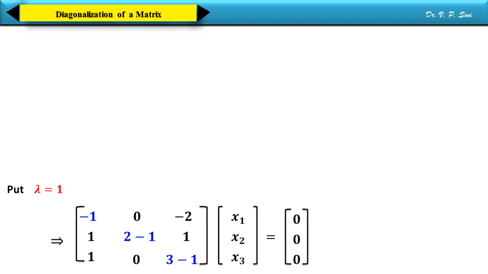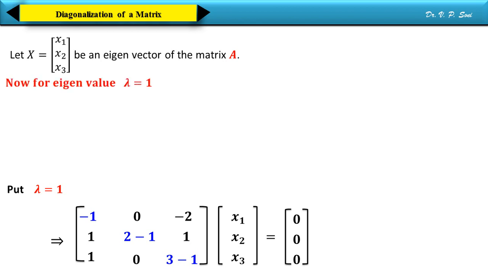Now we find the eigenvectors. Let column matrix X equal to x1, x2, x3 be an eigenvector of the matrix A. Now for eigenvalue lambda equal to 1, matrix A minus lambda I into matrix X equal to 0 matrix.